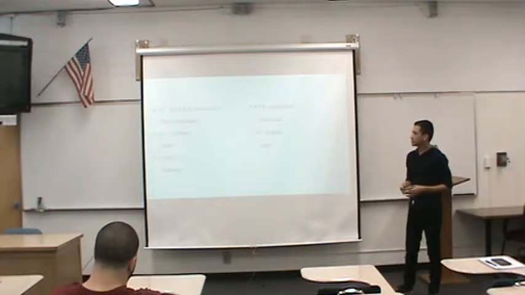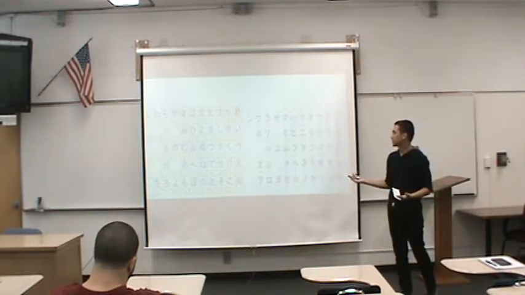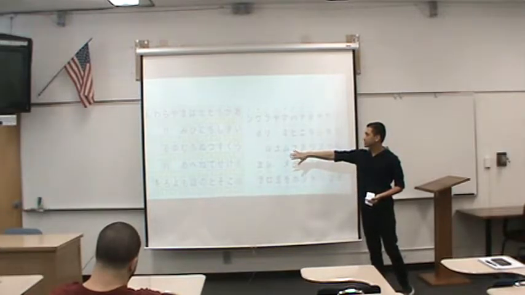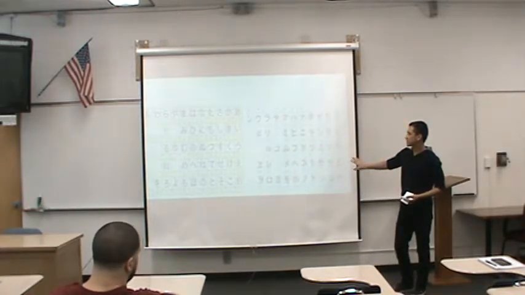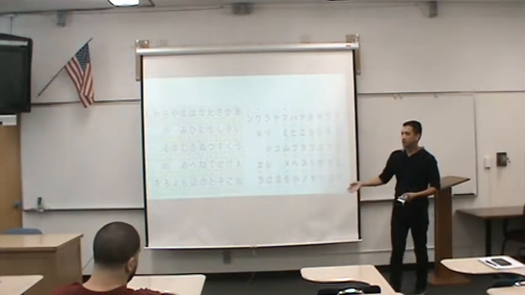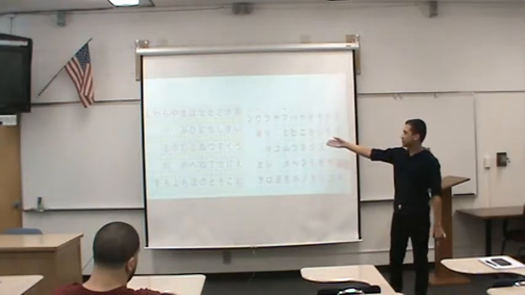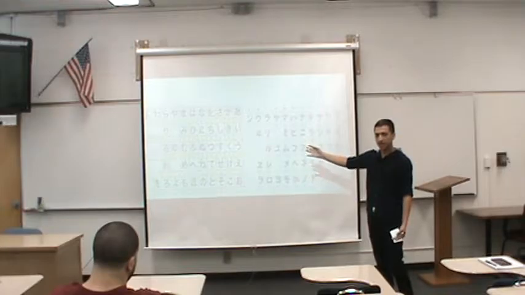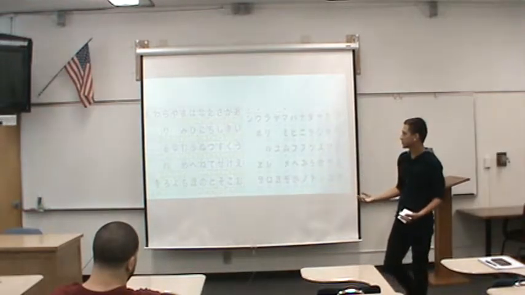So now we're going to compare the two writing systems. The one on the left is the hiragana writing system, the one on the right is the katakana writing system. Hiragana, as you can probably tell, is more circular, more concave, and uses more gentle strokes.